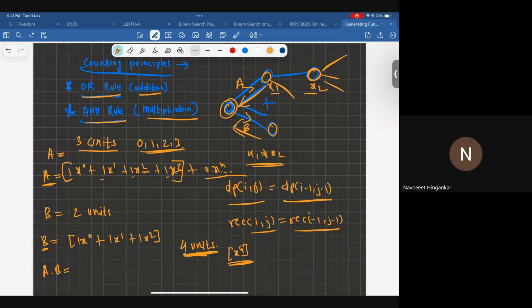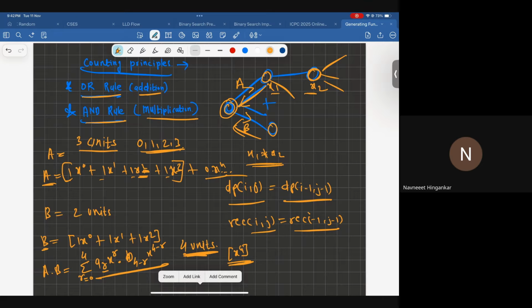Because x raised to the power 4 means some money will come from A, and the remaining part will come from B. So it will be the summation from r equal to 0 to r equal to 4 of the coefficient of x raised to the power r in A, into the coefficient of x raised to the power 4 minus r in B. It looks mathematically complex, but if you think about it intuitively, it's just which powers sum up to 4.